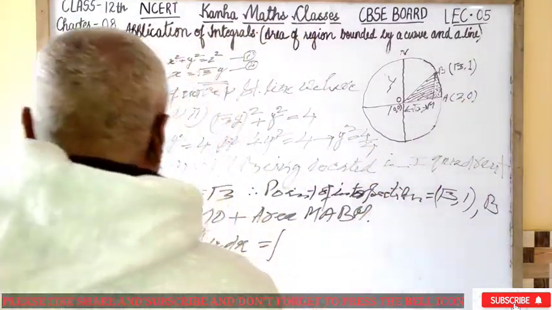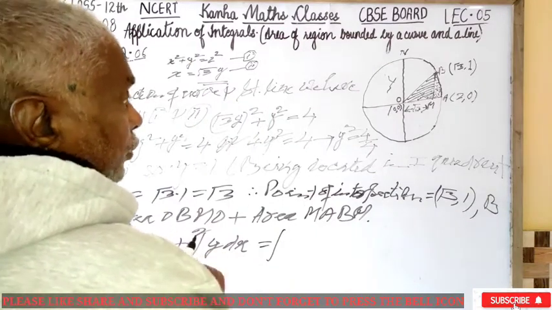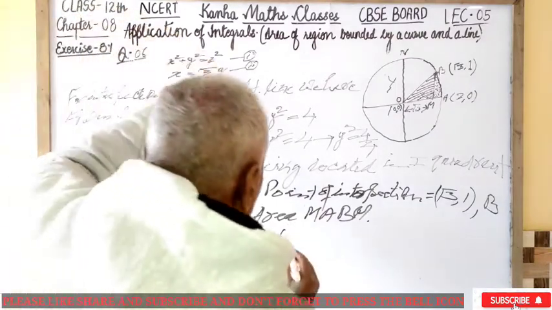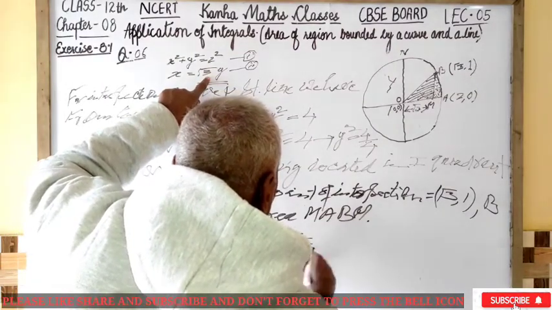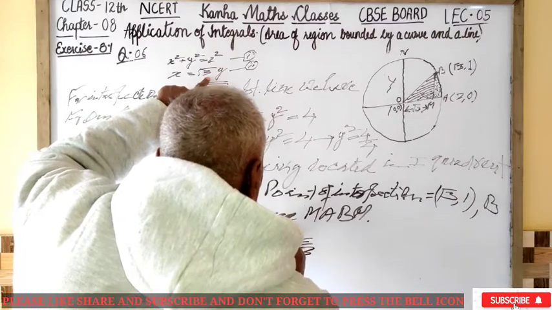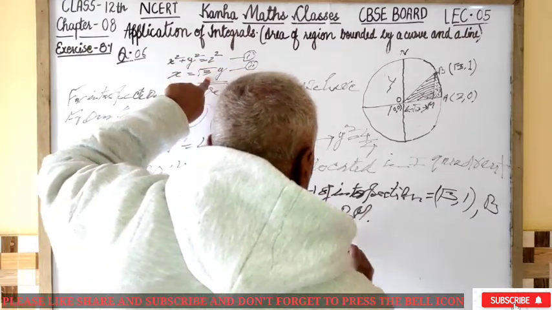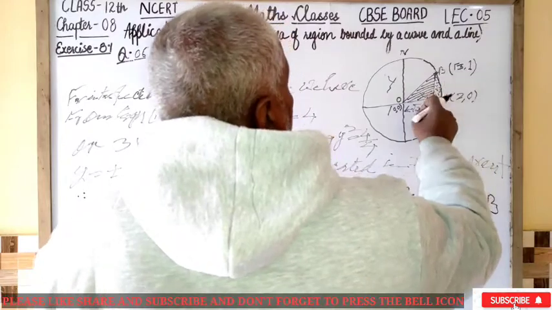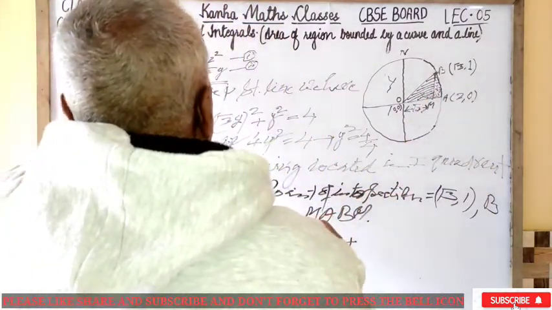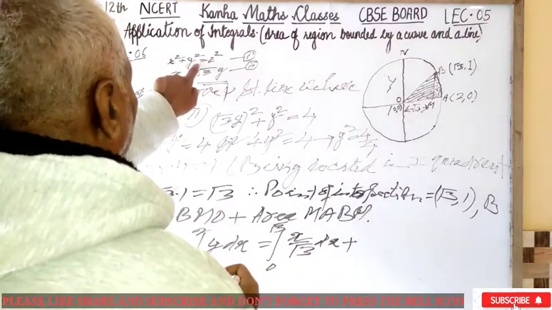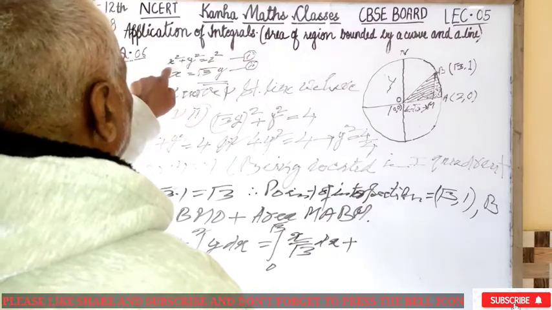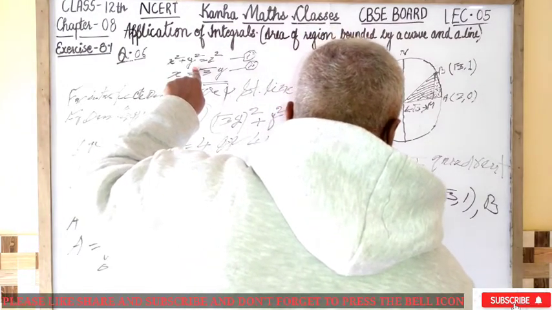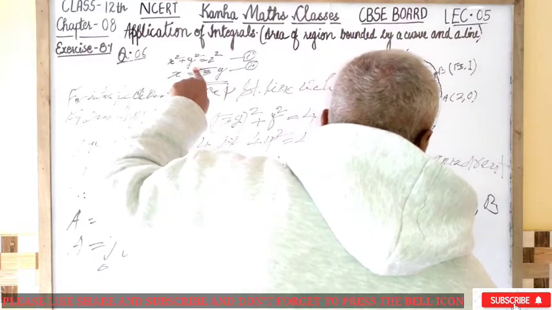Here we will substitute y dx in the first part of the bounded region: y is equal to x by root 3, x by root 3 dx from 0 to root 3, plus, for this region MABM, we will use y from the equation of the curve, that is the circle. y square means 4 minus x square, and y will be equal to under root 4 minus x square dx.